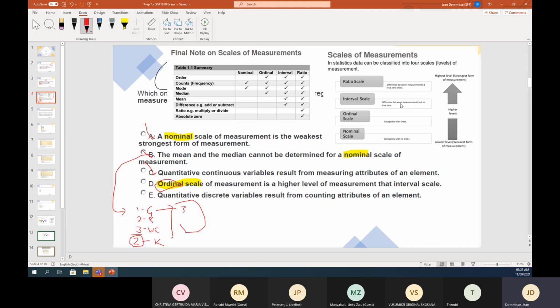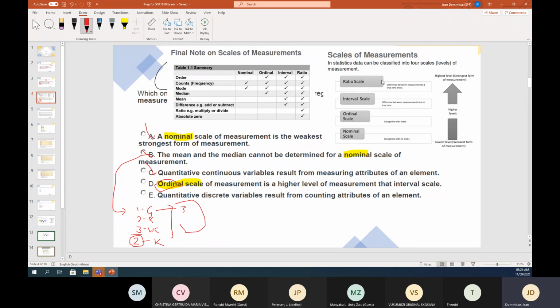The easiest way to look at interval is, I live 1 kilometer from that place, you live 2 kilometers, so you know it is a kilometer further. There's actually meaning in that 1, 2, 3, 4.